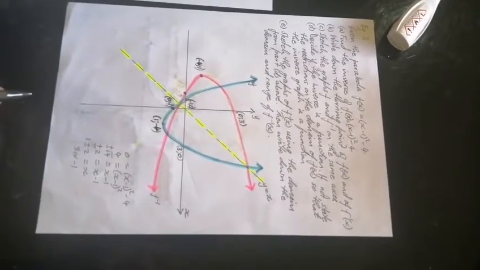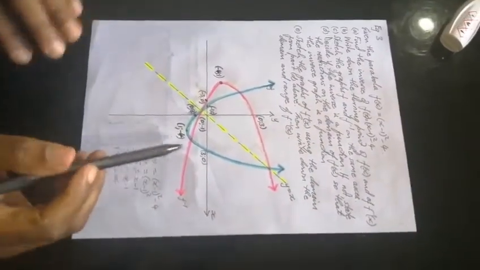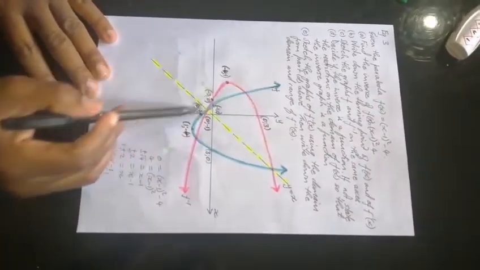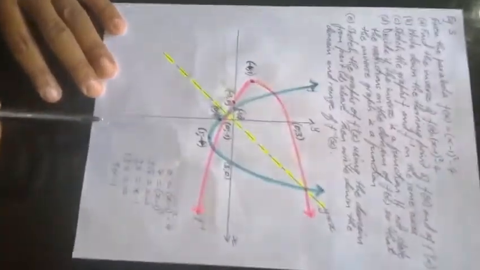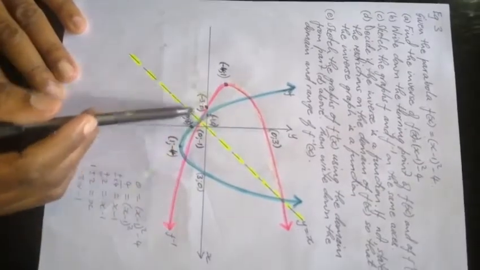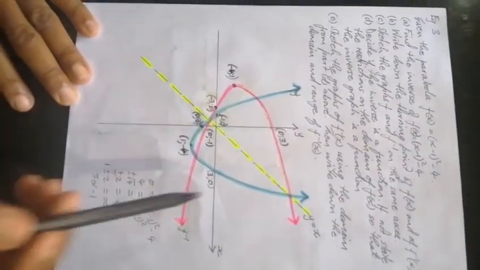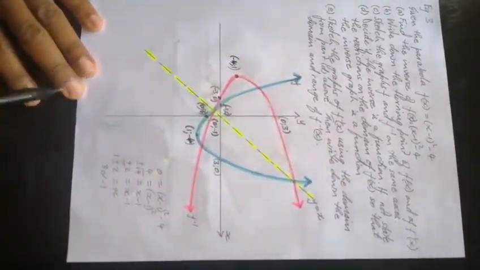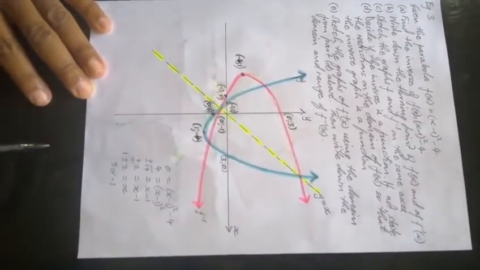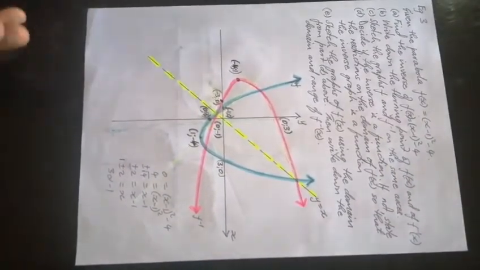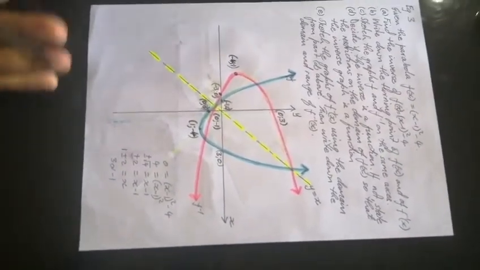So the blue graph is our f, and the red graph is our f inverse, and the yellow graph is our y is equal to x. So let us now explain how things are happening here.